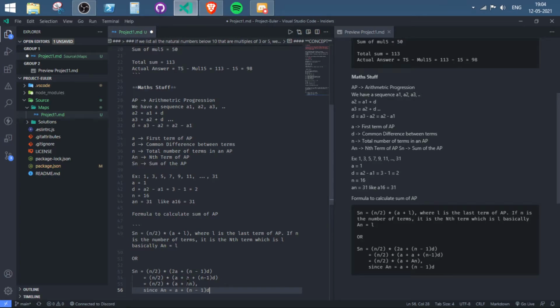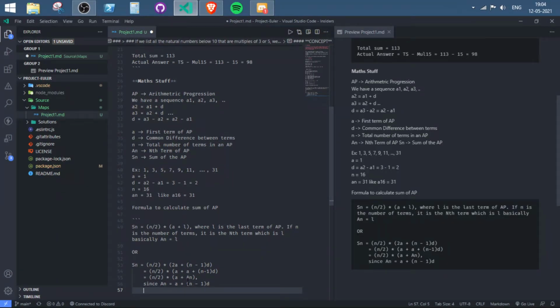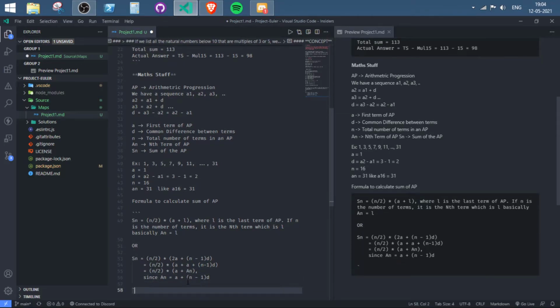The second term has 1d, the third term has 2d, the fourth term has 3d, the fifth term has 4d, kind of like that. That is how it moves. So it is pretty logical. Now we have two approaches.